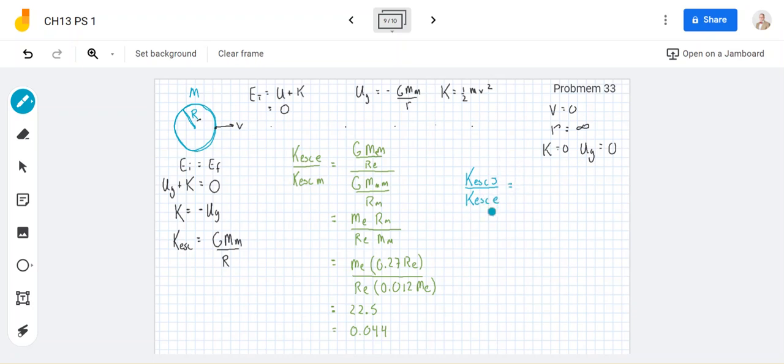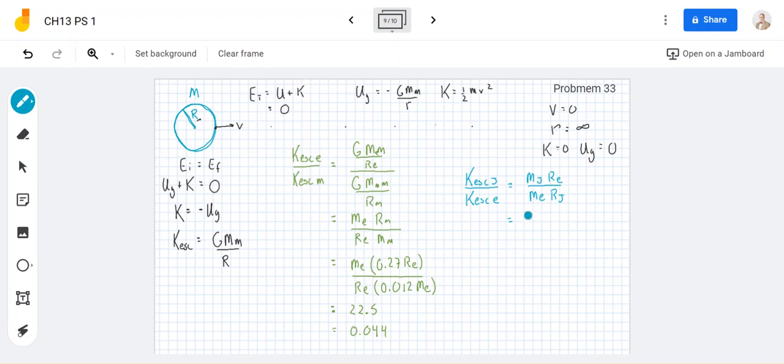I have a sense it's going to be harder to escape here because it's so much more massive. But we're going to use the same structure here, where we end up with the mass of Jupiter times the radius of Earth divided by the mass of Earth times the radius of Jupiter. I'm going to plug in the values for the mass and radius of Jupiter and get everything to cancel, and then we'll see what happens.